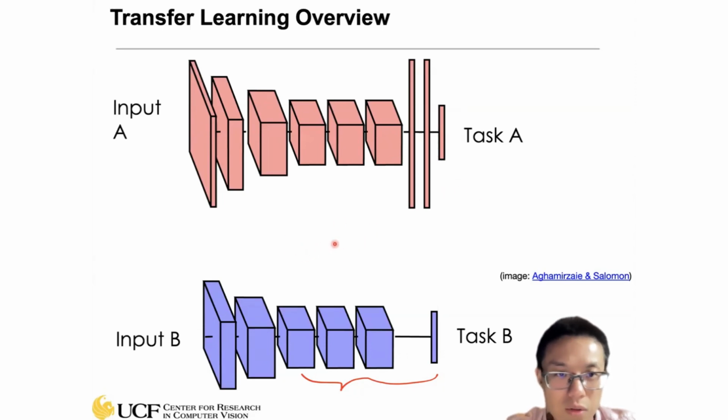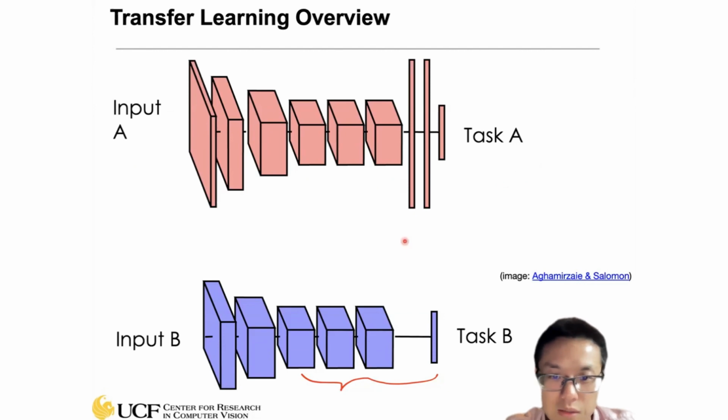Concretely, as shown in this diagram, we have a network architecture, a simple CNN, and we have the input data. Let's say this is ImageNet, the large publicly available database, and we have a pre-trained model on ImageNet for image classification.